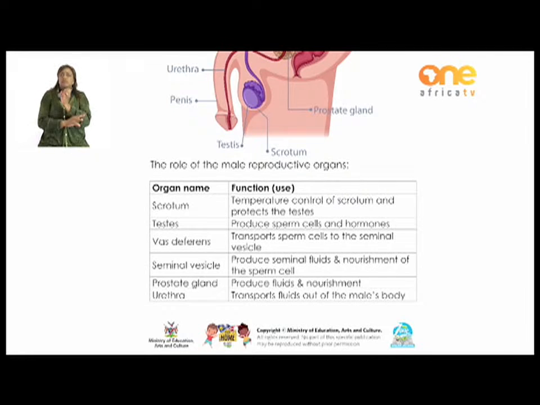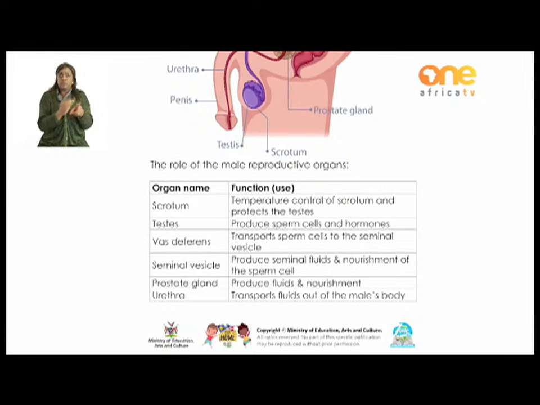Let us go down to page 20. And on page 20 at the bottom, we have the role of the male reproductive organs. And this table shows on the left side the organ name, and on the right side the function or the use of these organs. To begin with, the scrotum.